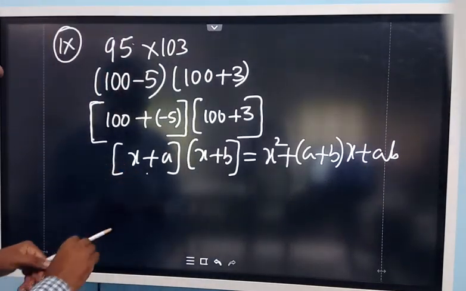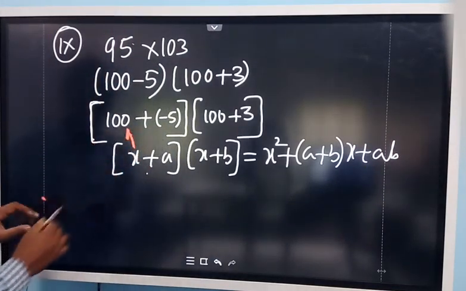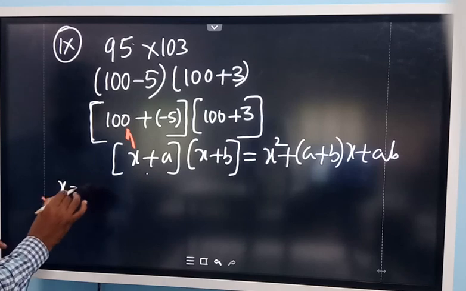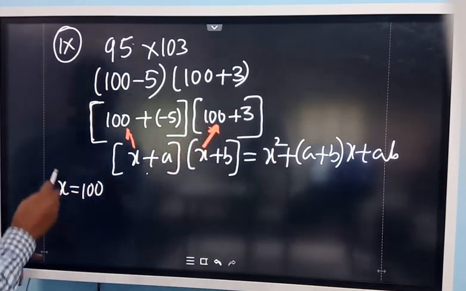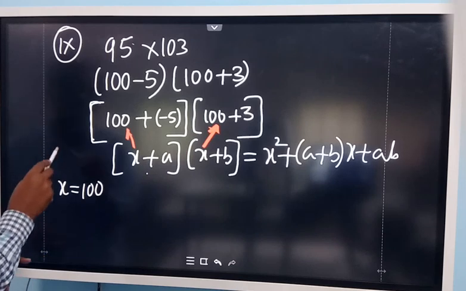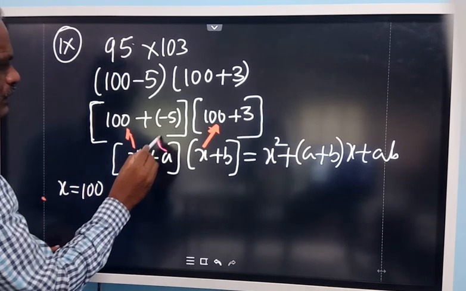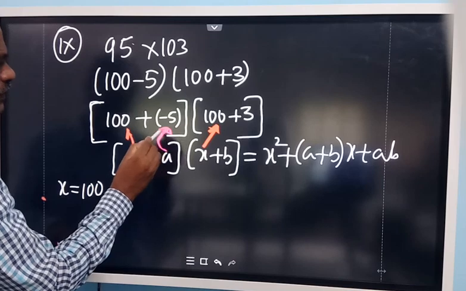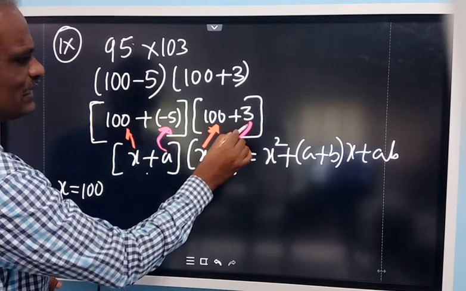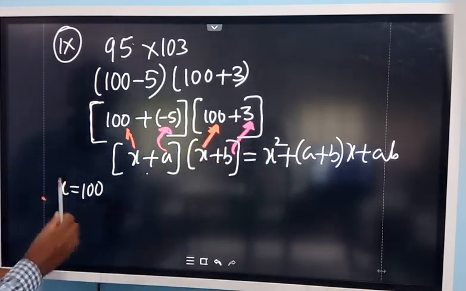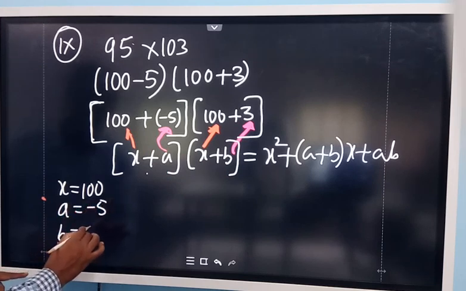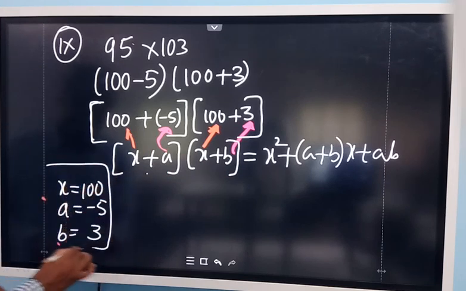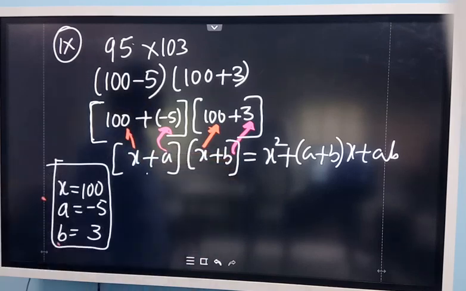Now compare this one. x can take what value? x is equal to 100. Here also you can see 100. Next, a can take minus 5 and b can take 3. These are the three values you substitute in the formula.